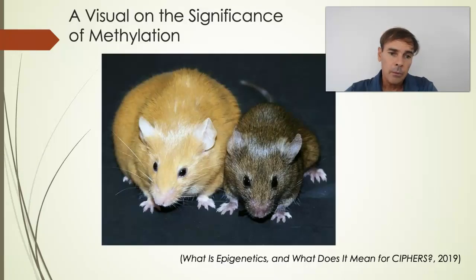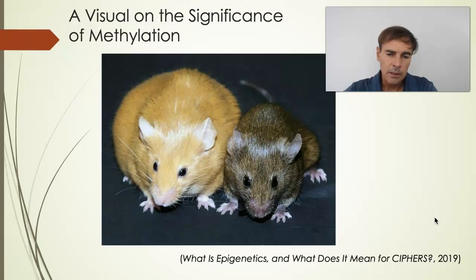So what does this really look like at a practical level? This is the first study that really highlighted the importance of methylation in health. This was a groundbreaking study by Waterland and Jirtle, I forgot the year, it's in my references.